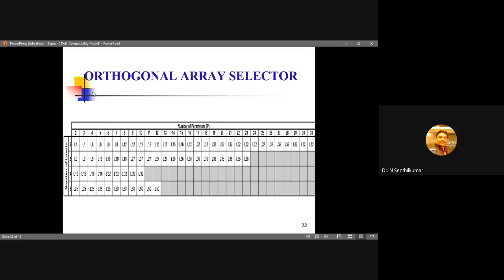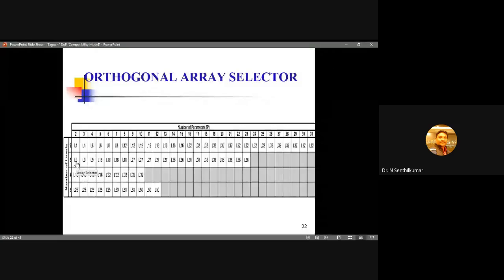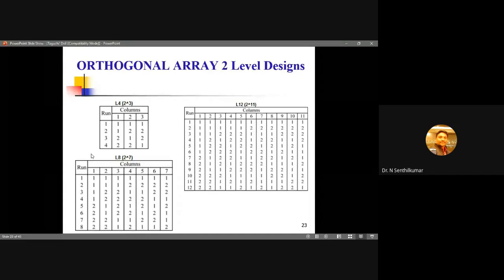For two parameters varied to 3 levels, I will go with L9. Likewise, 3 parameters varied to 3 levels is also L9. So up to 4 factors at 3 levels, I go with L9. Based on this, I select the orthogonal arrays.